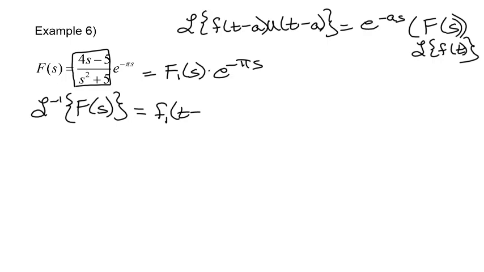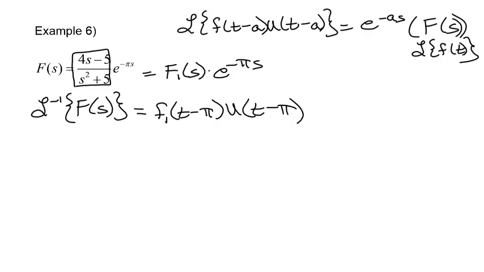Well, what's the a? The a comes from the coefficient of s in the exponential. So the a is going to be a, t minus a. In this case, ours is t minus pi. Okay, so t minus pi times u of t minus pi. All right, so that's what we're trying to find. We're trying to find what is this f sub 1 of t minus pi.